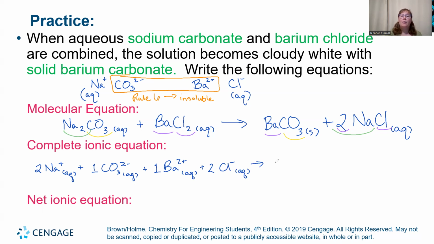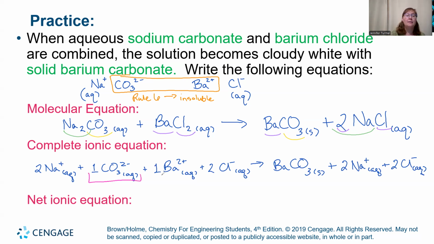My solid stays put together as barium carbonate. So I break the rest up and have 2 sodium ions and 2 chloride ions. And now you can see that you have a carbonate and a barium forming your barium carbonate.